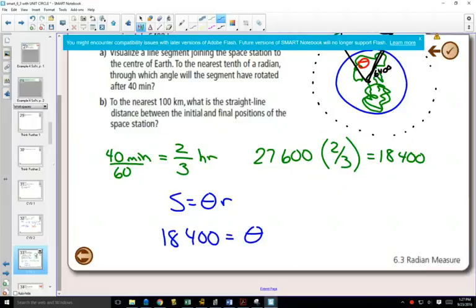We want to find theta, our radius was 6,800. Divide both sides by 6,800. And we get 2.7. Use approximation signs because we rounded. 2.7 radians. That's how much it's traveled.